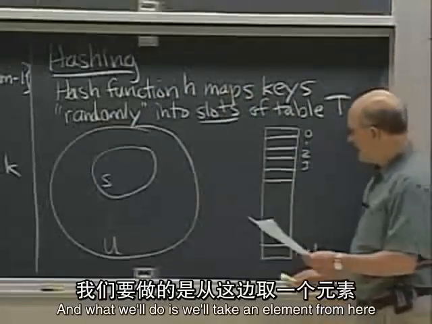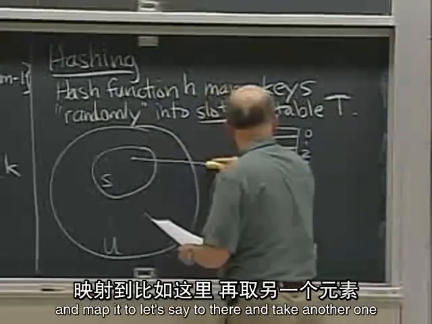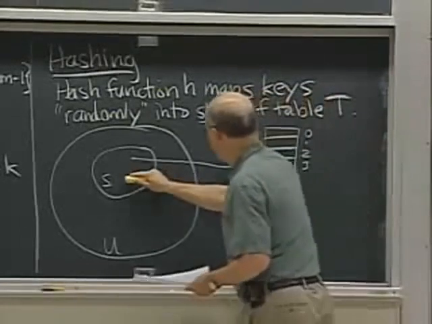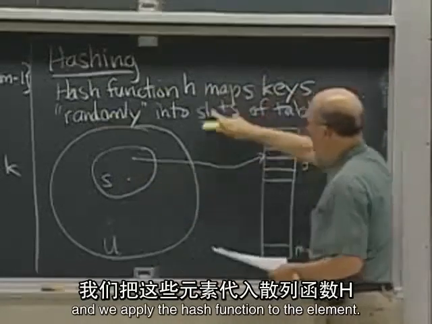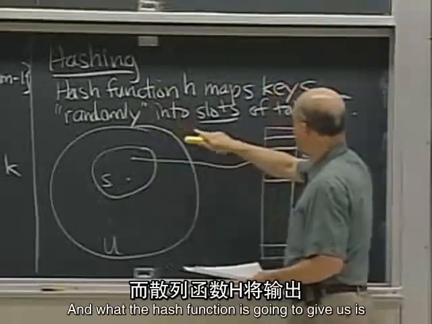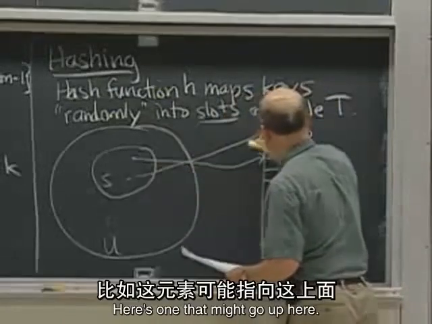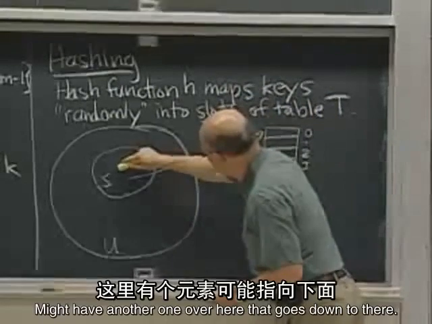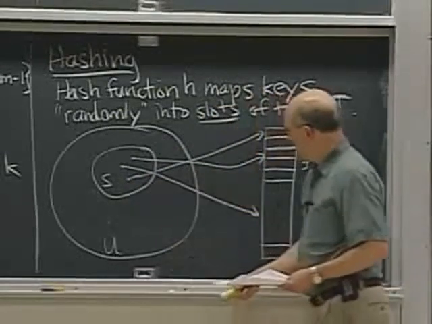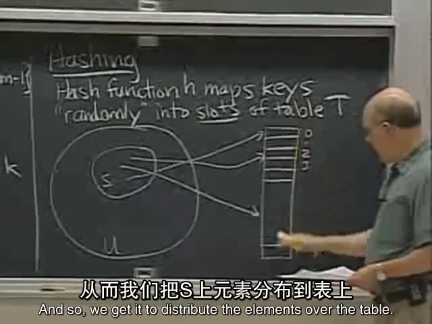We take an element from here and map it to, let's say, there. And take another one, and we apply the hash function to the element. What the hash function gives us is a particular slot. Here's one that might go up here. Might have another one over here that goes down to there. And so we get it to distribute the elements over the table.